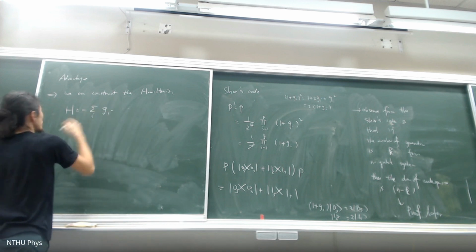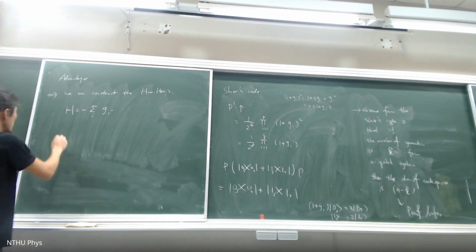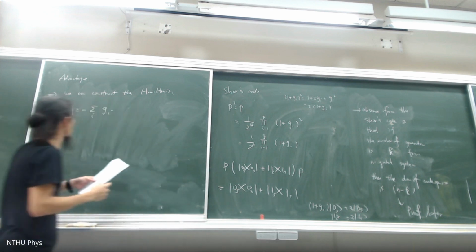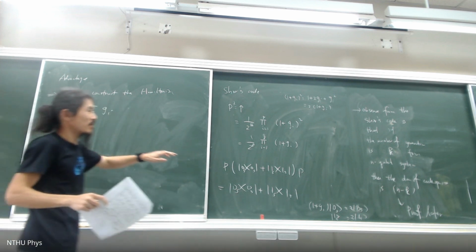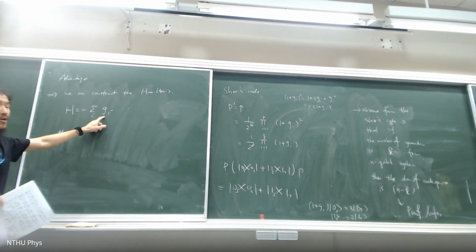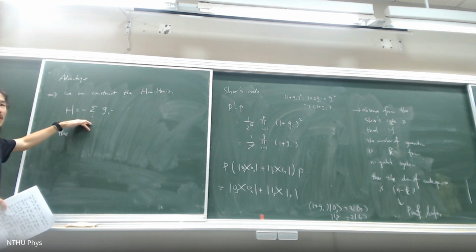Gi is the corresponding stabilizer, the generators, the stabilizers, for example. Then the ground state, because the ground state will correspond to the lowest energy, and then the code state will correspond to the positive eigenvalue of Gi, which gives you the most negative energy.